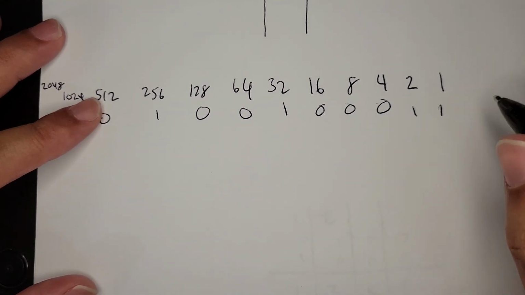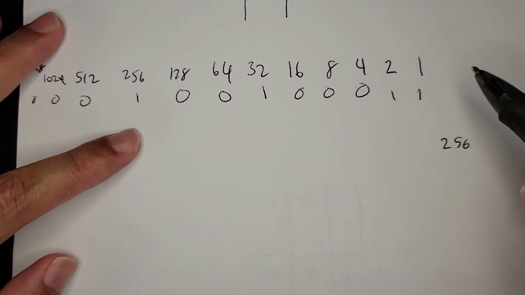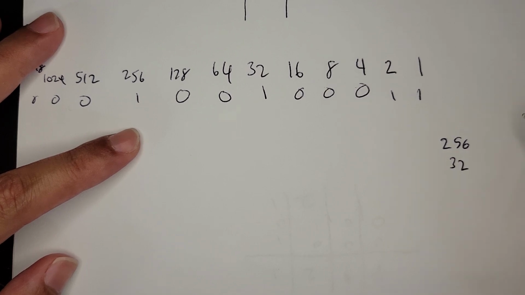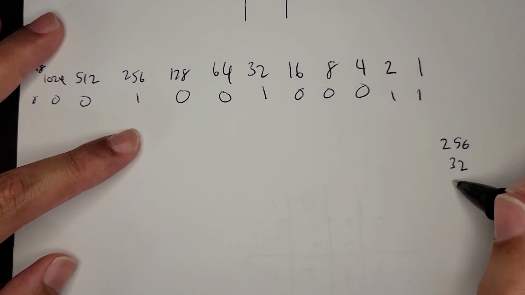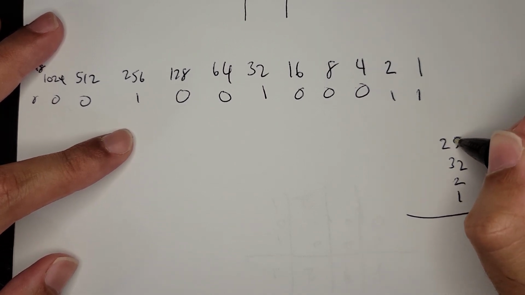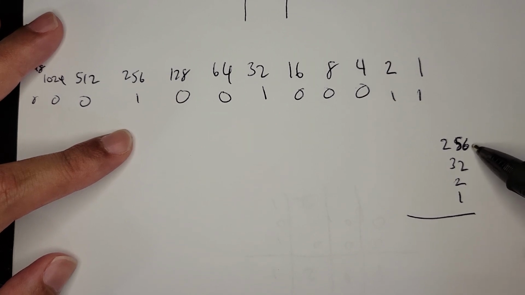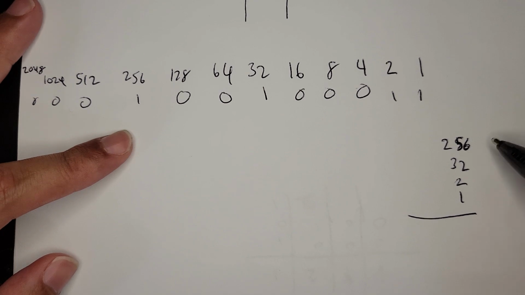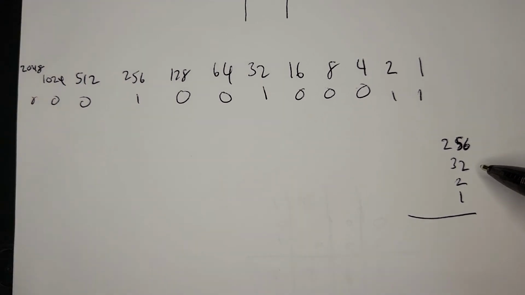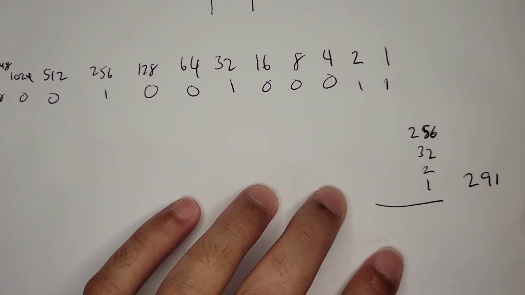Looking at 256, 256 plus 32 plus 2 plus 1. So 256 plus 32 is 288, plus 3 is 291. I'm not sure if I added that up right.